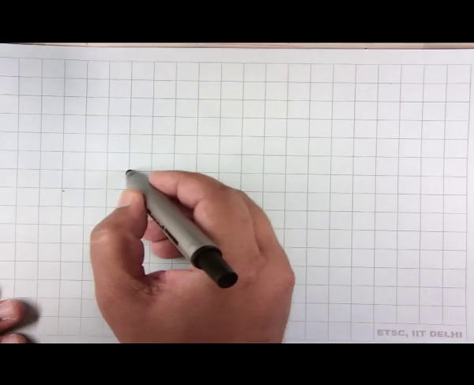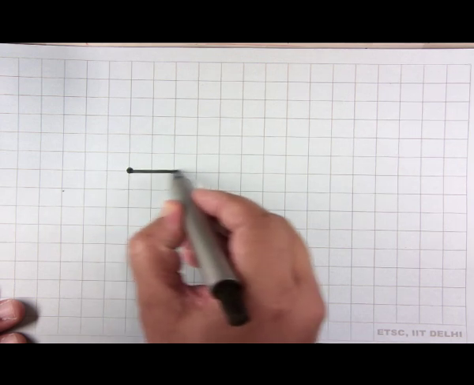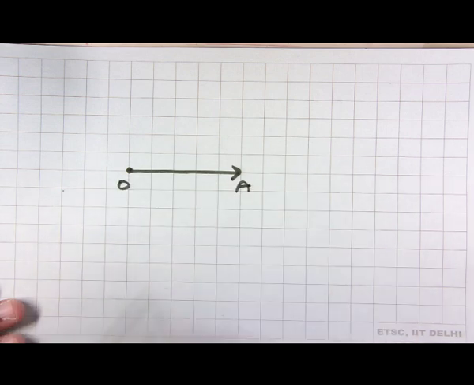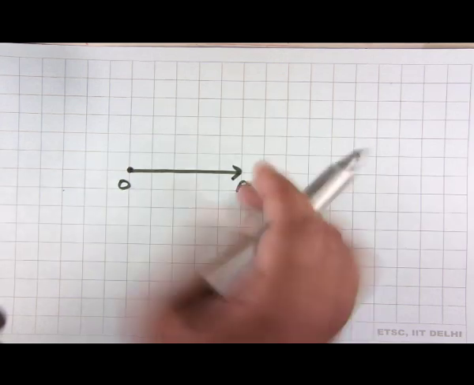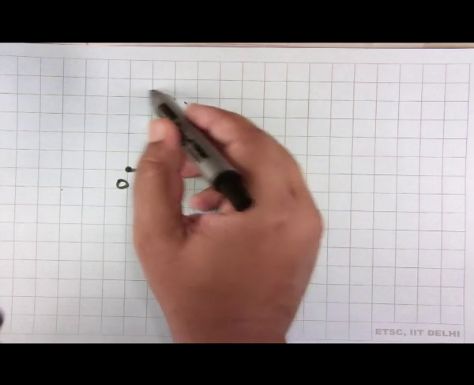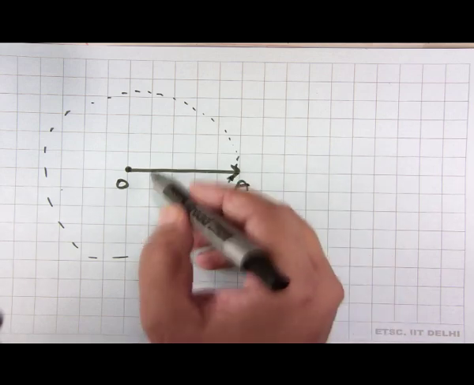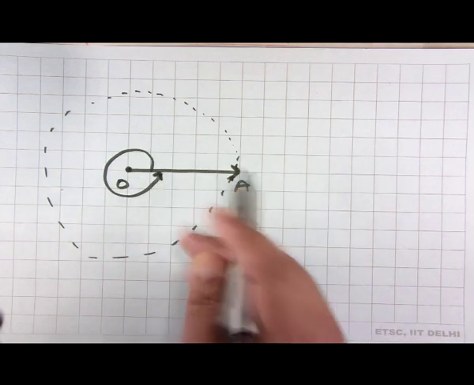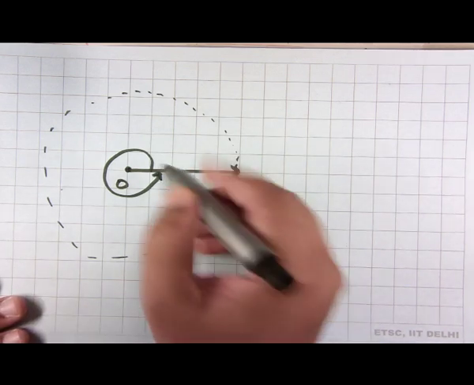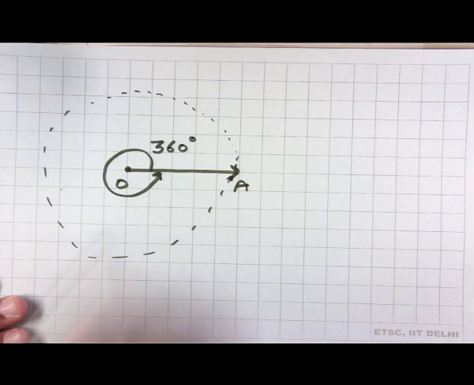So, if we start with one complete revolution, again we consider this ray OA, and suppose we rotate it like this. We take it all the way and then we bring it back. So, one complete revolution is said to be 360 degrees.